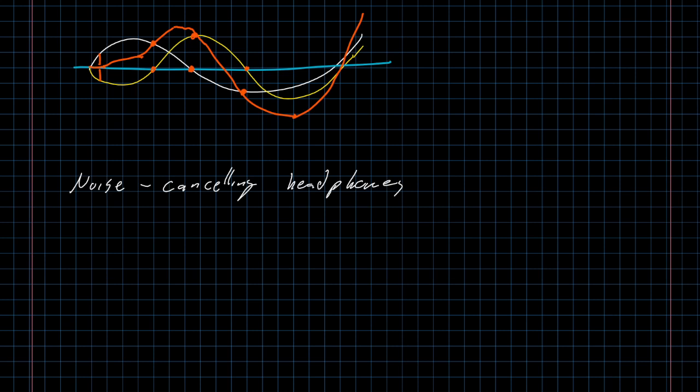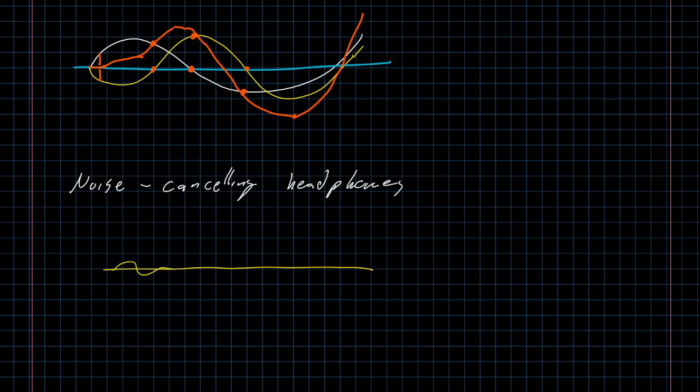This technology, among a number of different places where it is used, is the foundation of noise-canceling headphones. So, the idea is that we're going to put a microphone on our headphones, on the outside of the headphones.